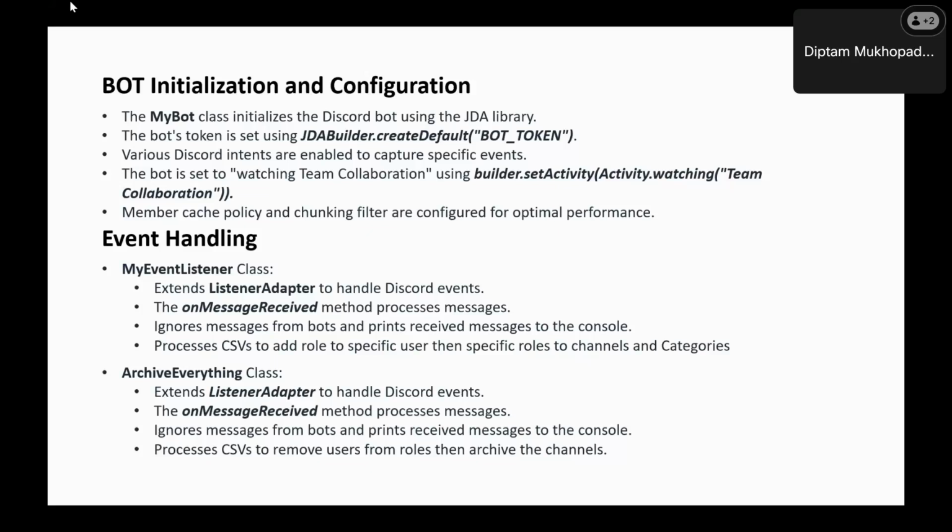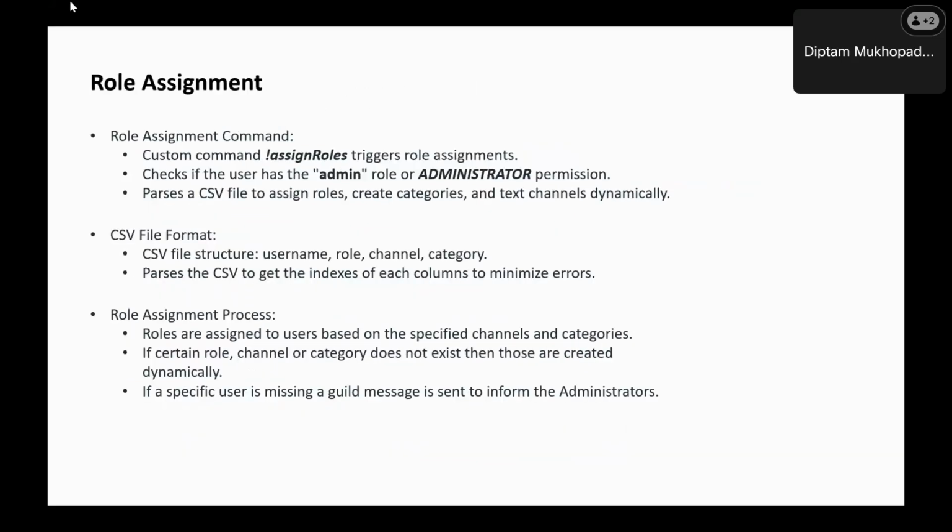For the ArchiveEverything class, we will again implement it by extending the ListenerAdapter to handle the Discord events, and we will also implement the onMessageReceived method to process messages. We'll ignore messages from bots and we'll print the message again to the console, but this time we'll process the CSV to actually remove users from the roles and then archive the channels if necessary.